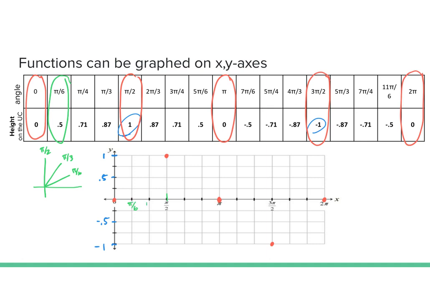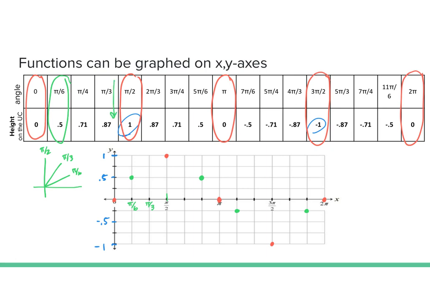Notice that that means that this is pi over 6 and this is pi over 3. Pi over 4 isn't on an increment. We have to find that separately. But I can go ahead and graph my pi over 6. I'm going to skip the pi over 3 for now. I'm going to go straight for my 0.5s because they're so easy to graph. Now I'm going to come back and I'm going to do those pi over 3s.